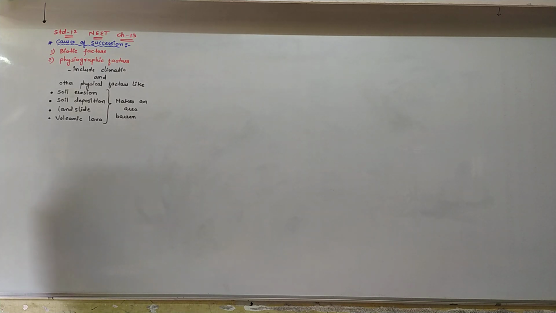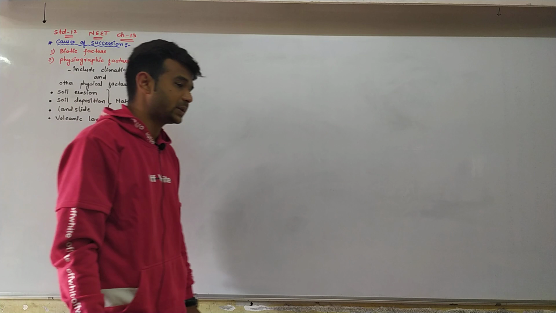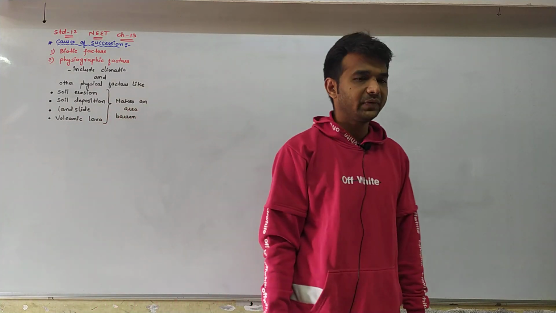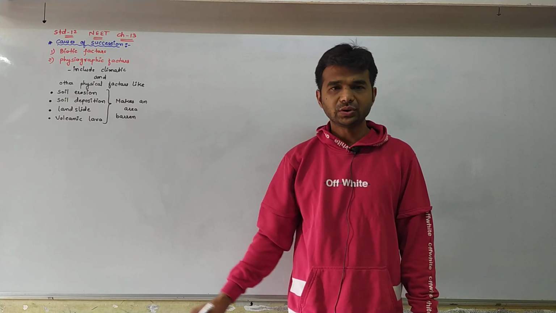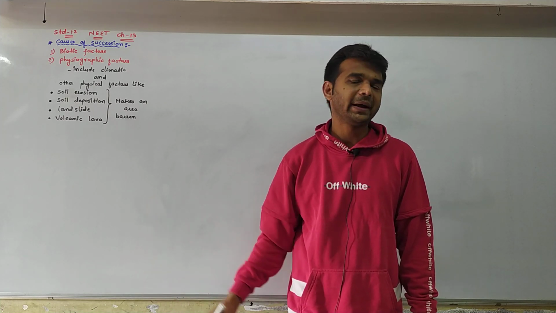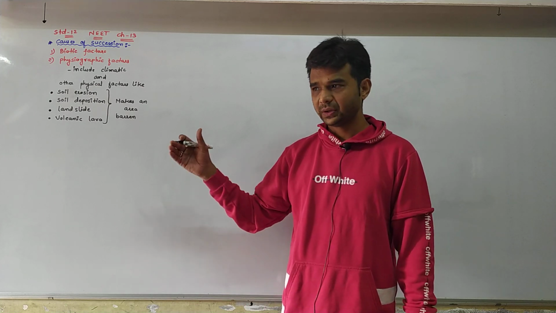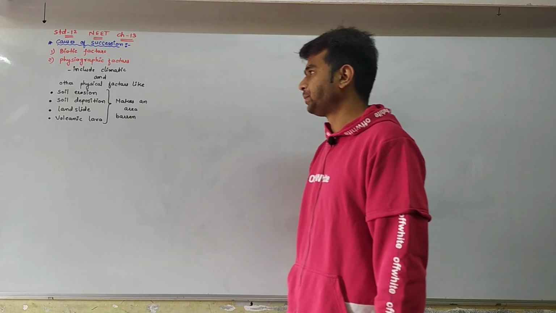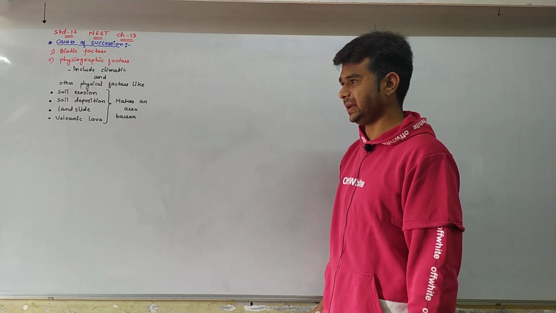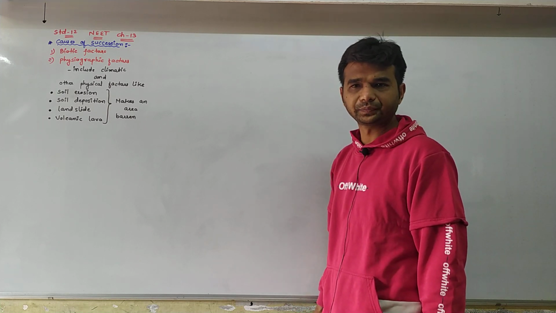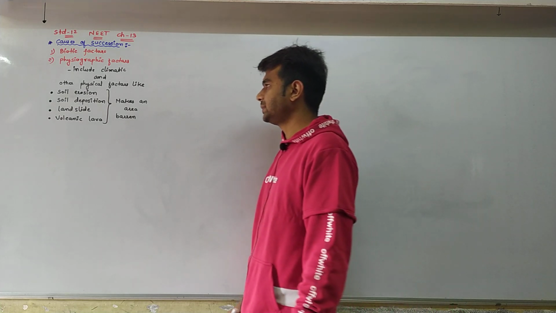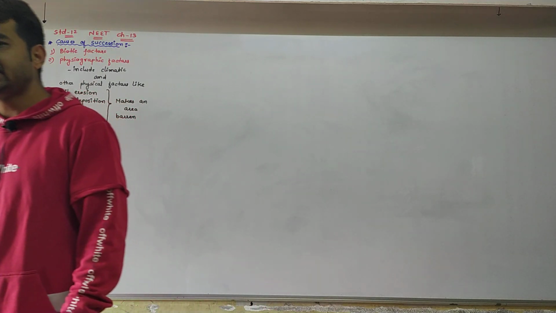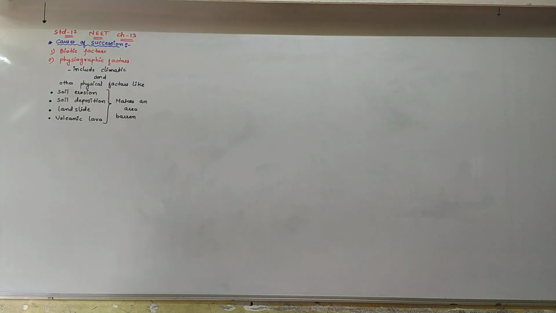Physiographic factors include climatic factors also. In climatic factors, temperature, soil, water. So here we say abiotic factors also. Yes, physiographic factors are nothing but the abiotic factors, and along with that some physical factors like soil erosion, soil deposition, landslide, as well as volcanic lava.